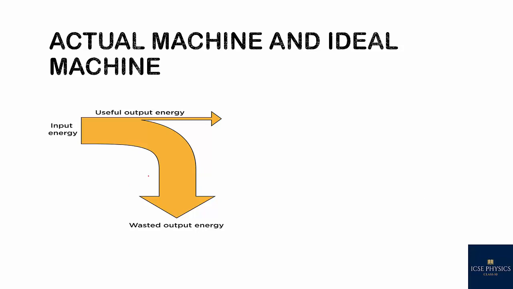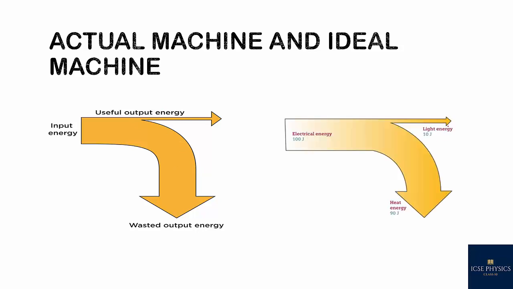Now actual machine and ideal machine. Let's say again the same thing. Input energy we have supplied some. Output energy, as you can see, is very less. Wasted energy is more. Here we can see the example. 100 joule of electrical energy was supplied. We get light energy of only 10 joule and waste energy is 90 joule.